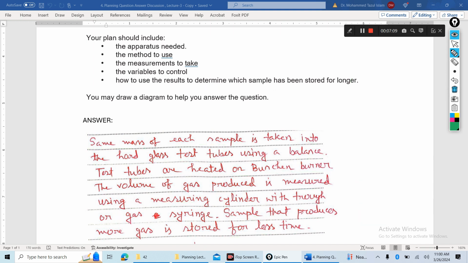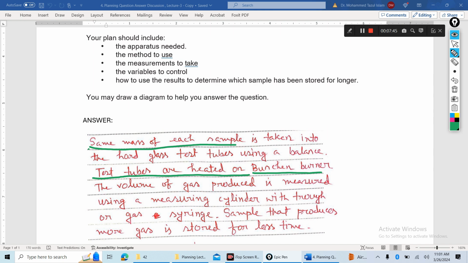Now you see, same mass of each of two samples is taken into two hard glass test tubes using a balance. Then the test tubes are heated on a Bunsen burner. After heating, the volume of gas produced is collected using a gas syringe apparatus and the volume is measured.